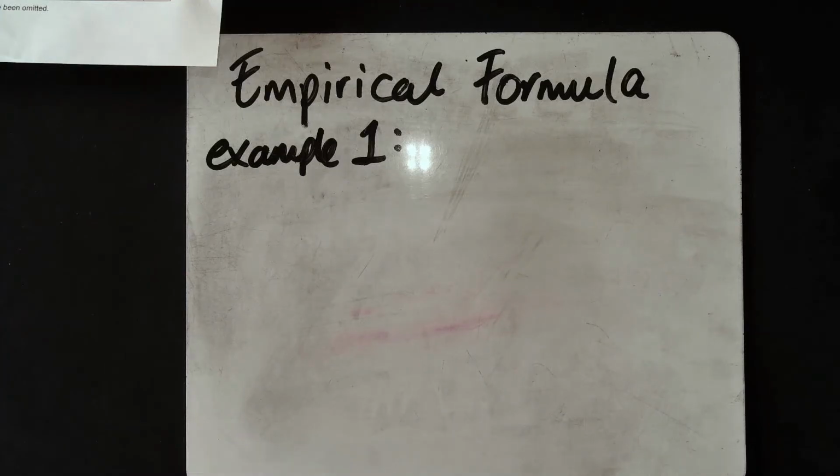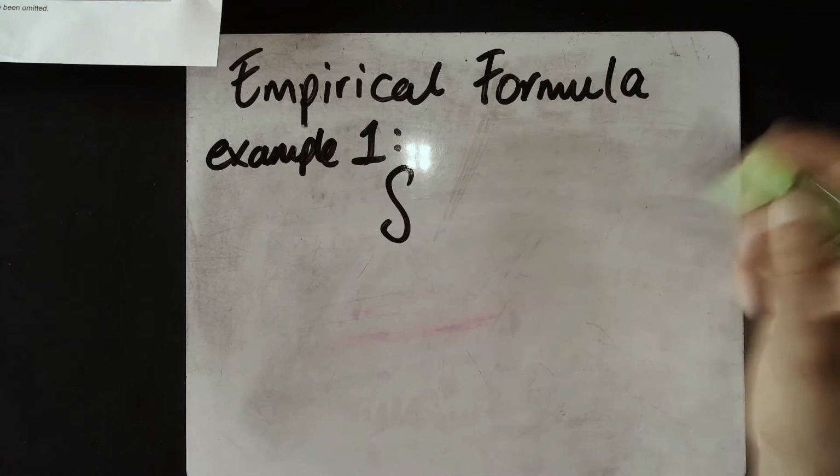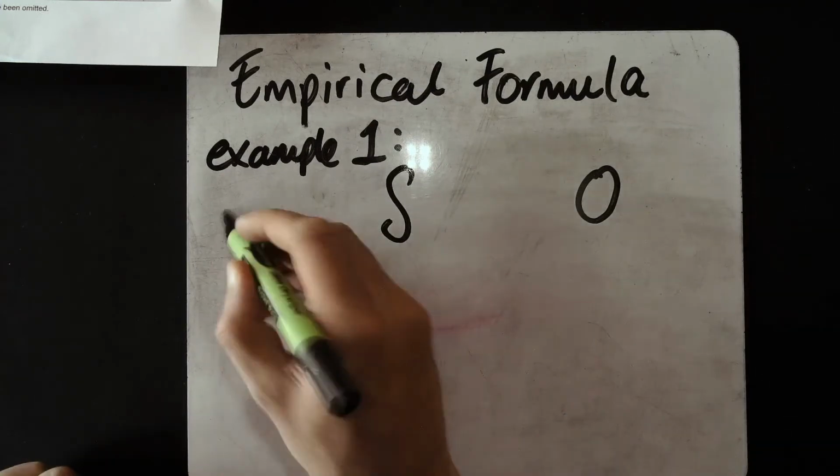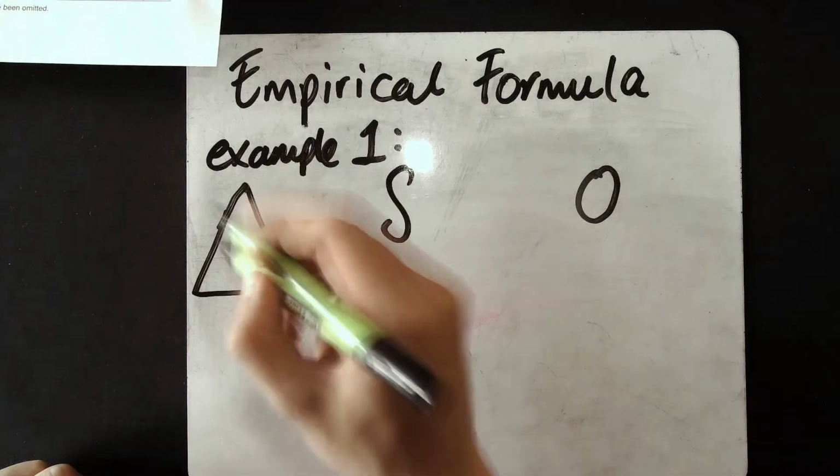So the first question that I'll be completing reads, what is the empirical formula of a compound containing 40% sulfur and 60% oxygen? So here we have a compound which contains sulfur and oxygen. First thing that I need to do is work out the moles, remember.